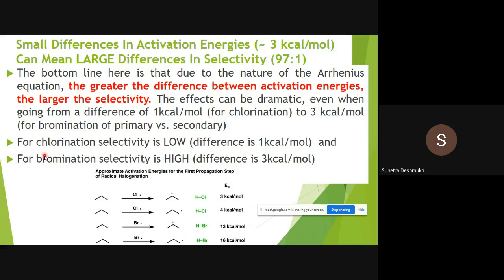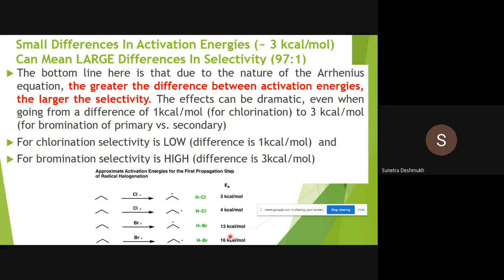So selectivity is low for chlorination because the difference is only 1 kilocalorie per mole, and for bromination selectivity is high because the difference is 3 kilocalorie per mole.